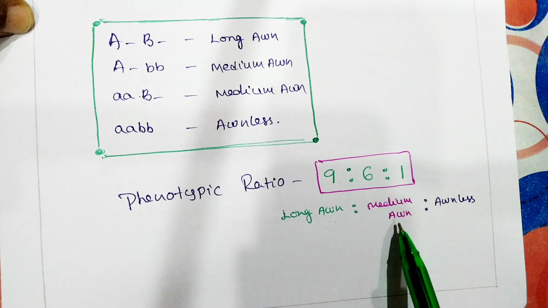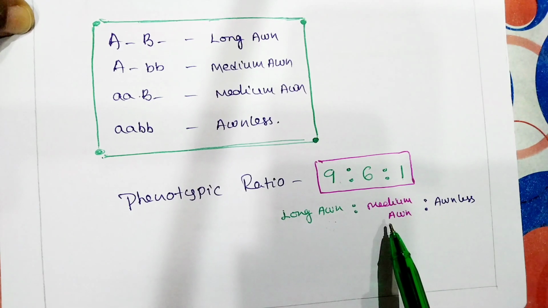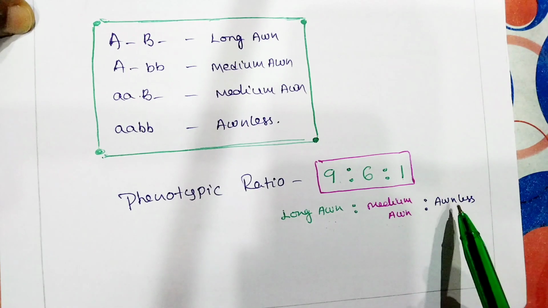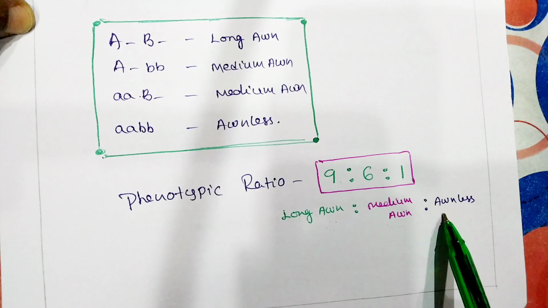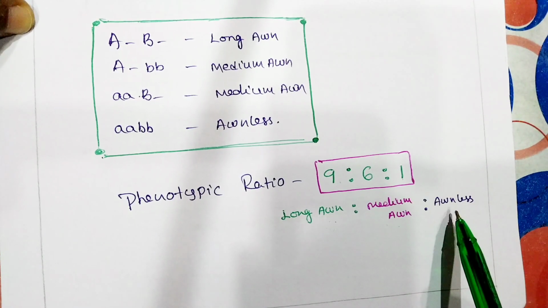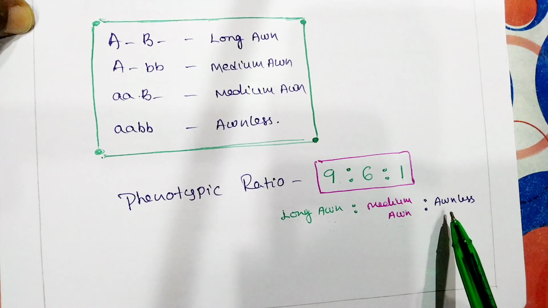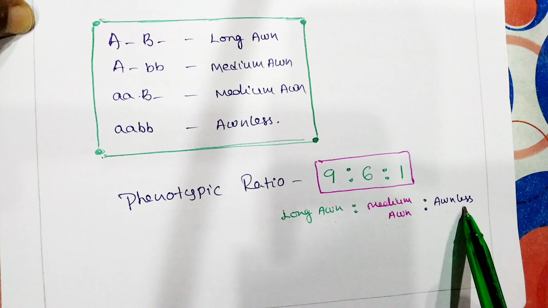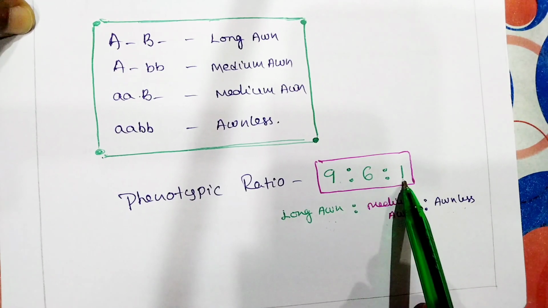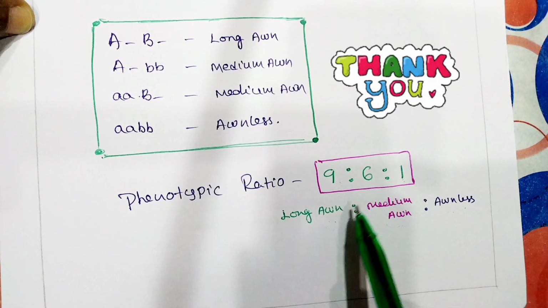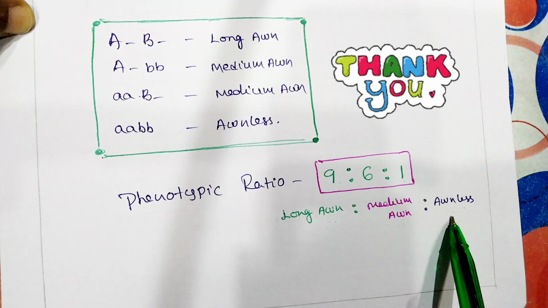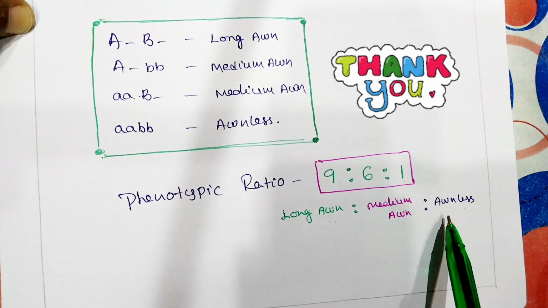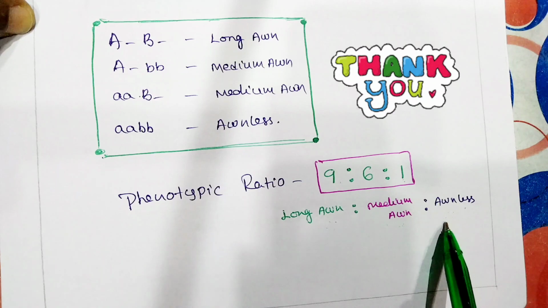If any one gene, either A or B, is present, they produce medium awn. If both the capital genes are absent, that means both are in recessive condition, awnless is produced. So the 9:6:1 ratio, 9 long awn, 6 medium awn, 1 awnless, is the phenotypic ratio of polymorphic gene.